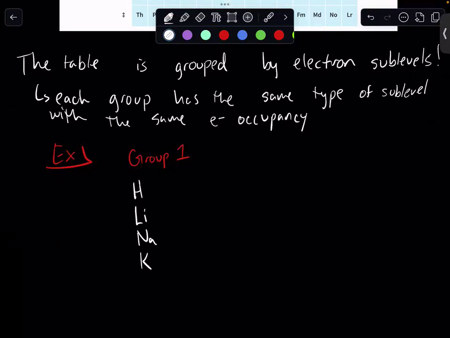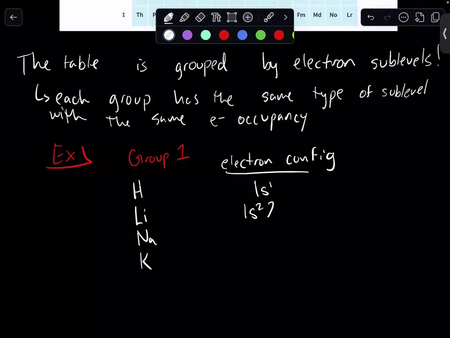So when we look at these elements, hydrogen's electron config looks like this, 1s1. Lithium's looks like 1s2, 2s1. Sodium's is 1s2, 2s2, 2p6, 3s1.